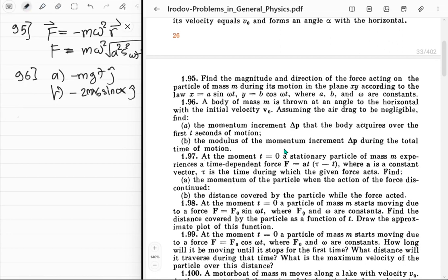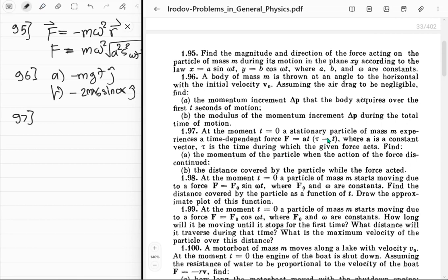96, 97. Let's go. At the moment t equal to 0, a stationary particle of mass m experiences a time-dependent force, where a is a constant vector and tau is the time during which the given force acts. Find the momentum of the particle when the action of the force discontinued. Oh, so they just give us the force.